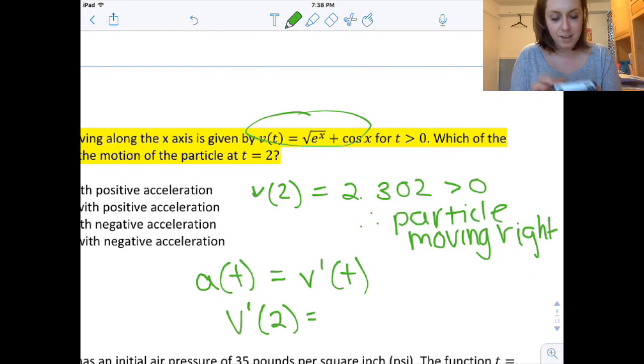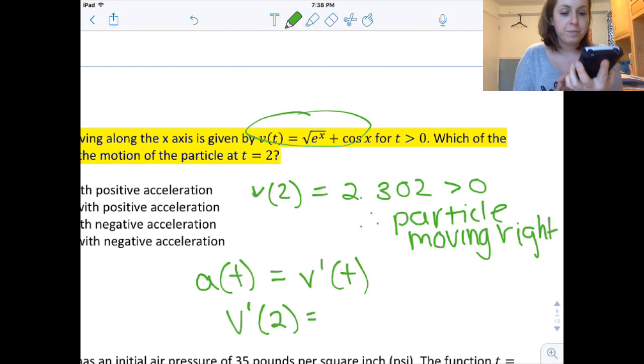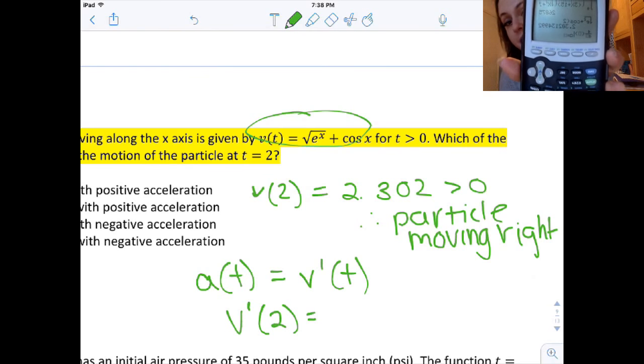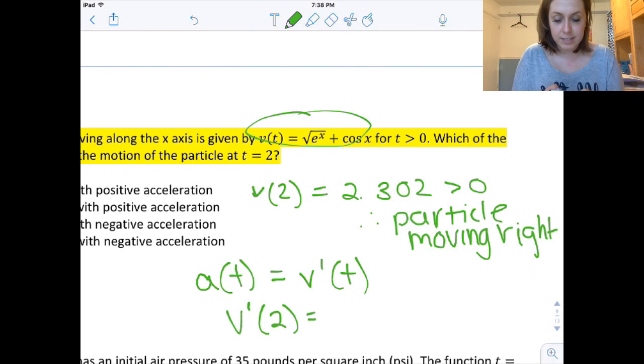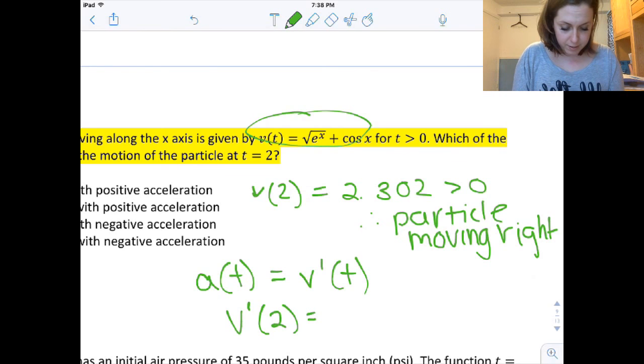Hit math, and then just go down to 8 and deriv, right? And I'm going to type in there d dx, that's my variable, of square root e to the x plus cos x.